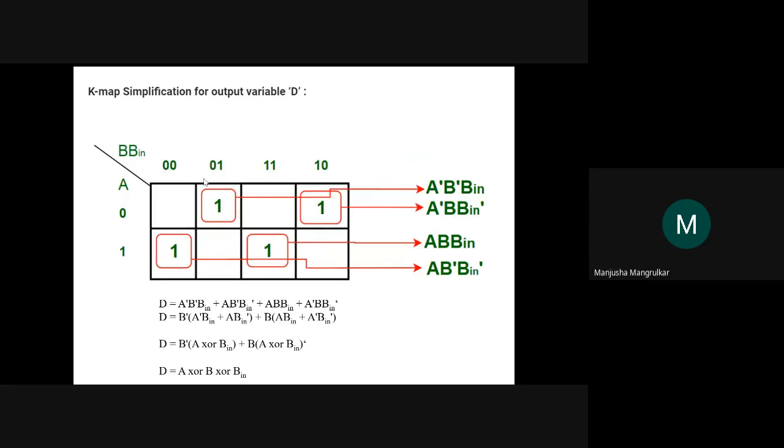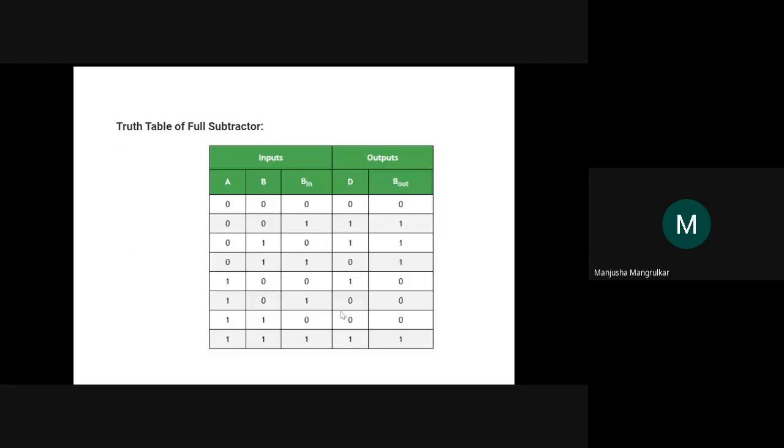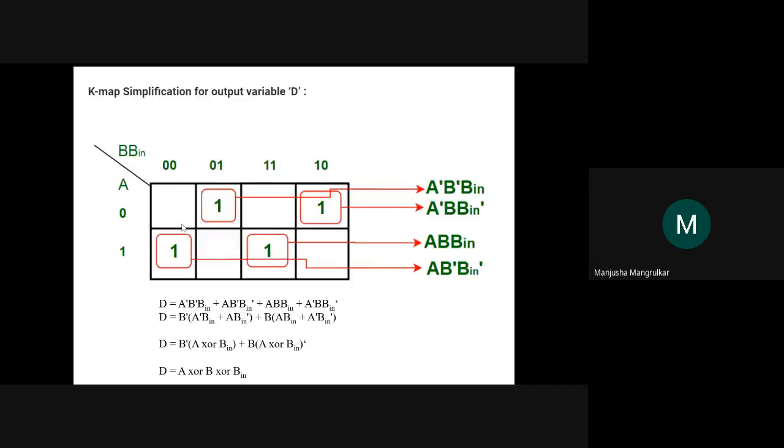Your seventh is 1, so we put this value here and we take the data from here. So A complement for this one, A complement, B complement, Bin. Now for this one, A complement, Bin complement, right? For this, it is A, B and Bin complement.